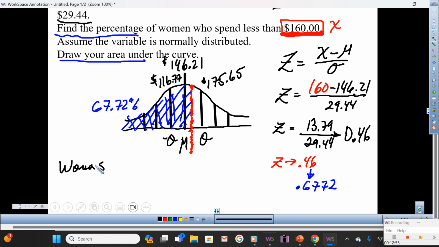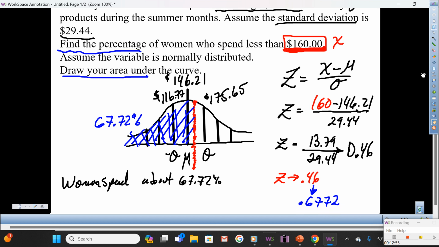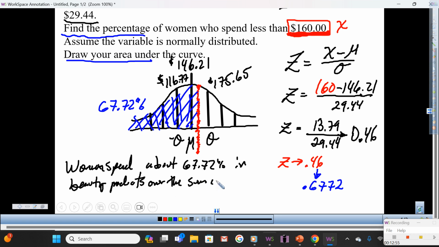Women spend about 67.72% in beauty products over the summer. Thank you.